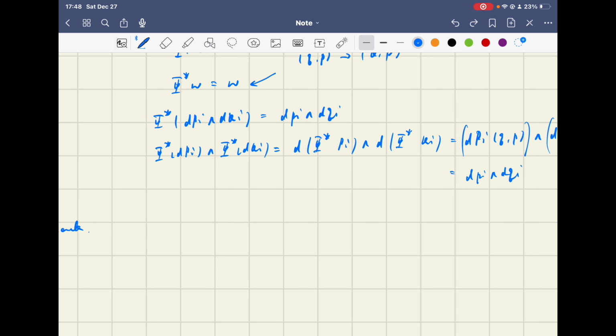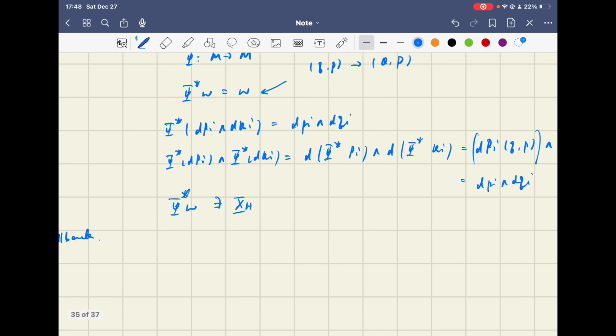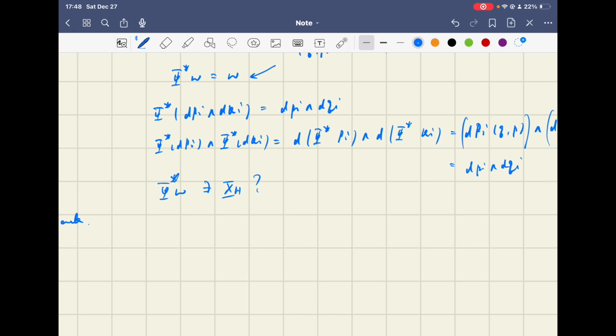The essential point is that if phi operates on omega, we must derive how the Hamiltonian vector field will change.